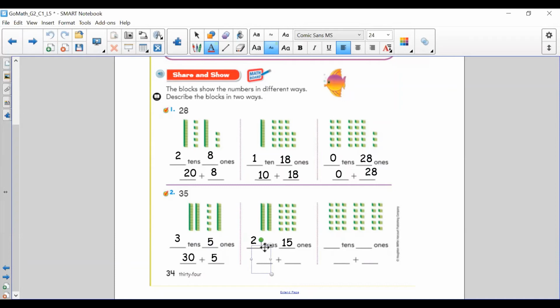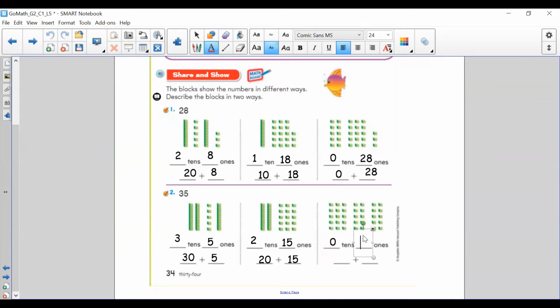So what is the value of 2 tens? Count by tens, 10, 20, and that is 20. And if we count the ones, we count by ones, but we know we have 15. So that would be 15. And here, do you see any tens? No, 0 tens.